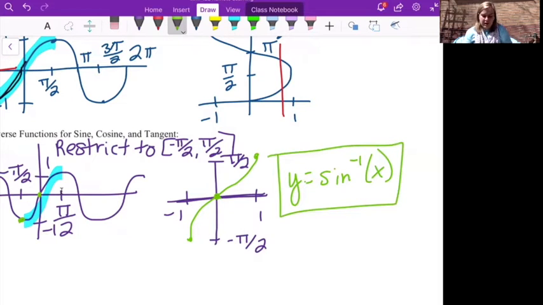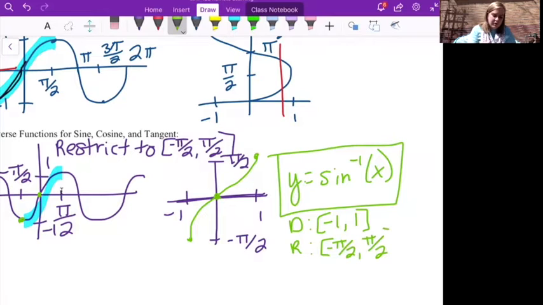And so again, because our domain and range switch, our domain is going to be between -1 and 1, and our range is going to be -π/2 to π/2. So I should have clarified, this is restricting the domain or x values.